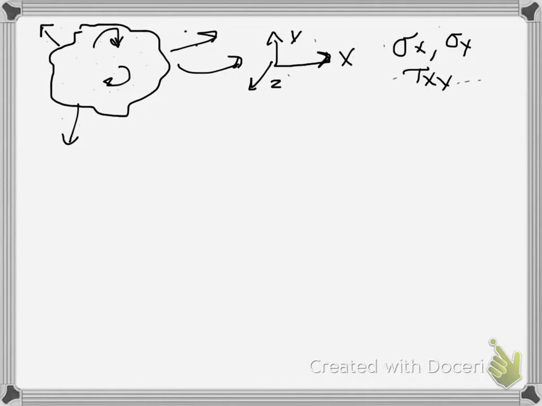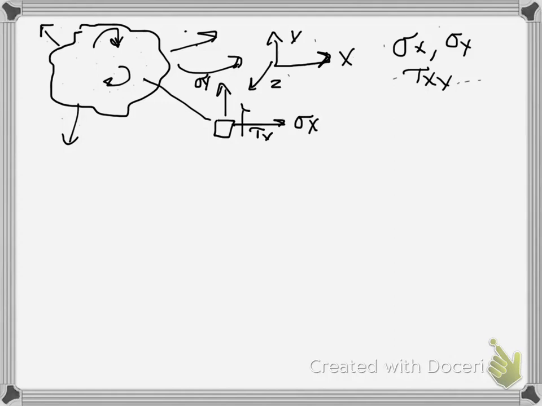And so if we extract a little piece out of our component, let's say we just have a little component that came out of the body there, and we can figure out what is the normal stress in that direction, we'll call that X. What is the normal stress in that direction, call that Y. What is the shear stress?